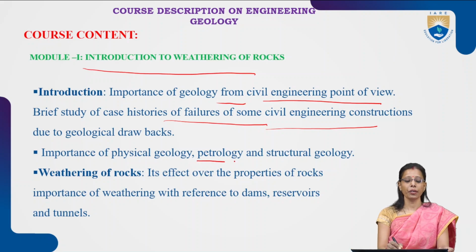Petrology is the study of rocks, where we study the different types of rocks and their formation. We have 3 types of rocks: igneous rocks, metamorphic rocks, and sedimentary rocks. We study all these kinds of rock, their classifications, their formation, and structural geology.